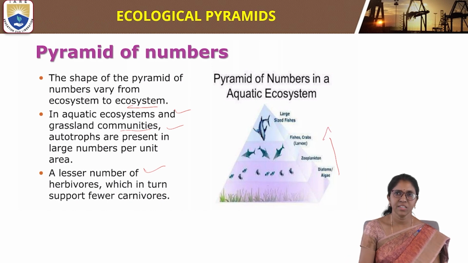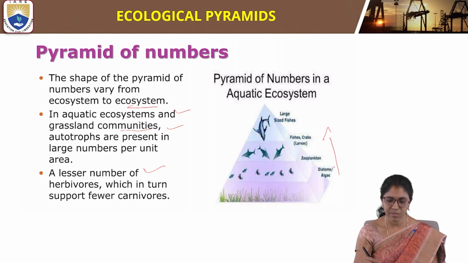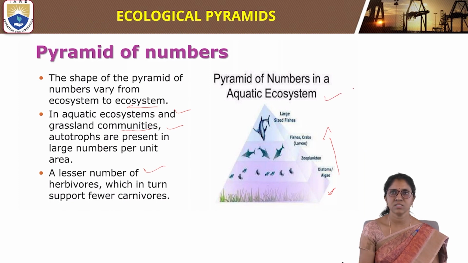In the aquatic ecosystem and grassland communities, we get a large number of autotrophs, like algae. So this is the pyramid of numbers in an aquatic system. The bottom position is occupied by algae or diatoms, which are autotrophs.